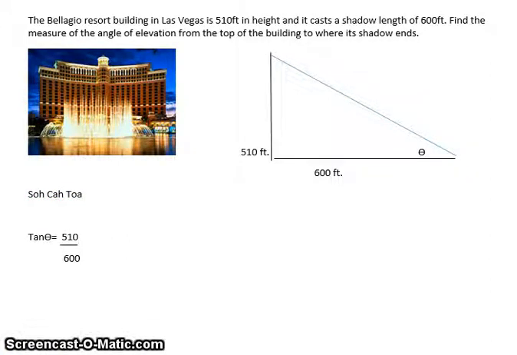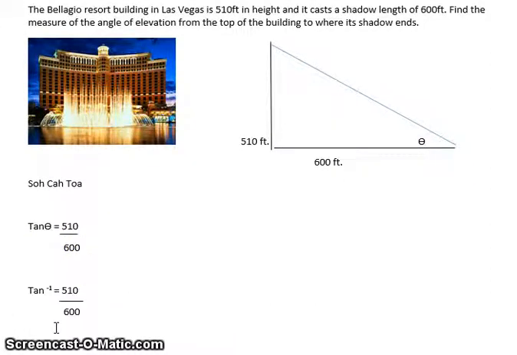So to solve using tangent, you would do tangent of theta, and as SOHCAHTOA goes, opposite 510 would go on top, and then its adjacent 600 feet. And then because it wants to find the angle of elevation, which is theta, in your calculator you would type in the inverse of tangent.